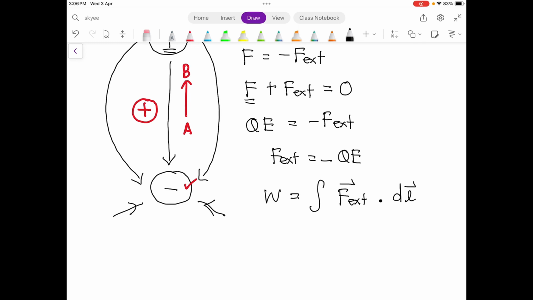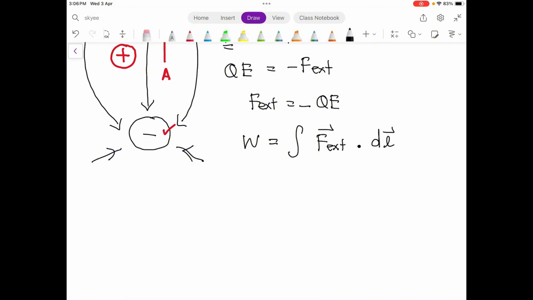If we replace F external with negative QE, you will have a negative, so the work done is the integral from A to B, as we move the charge from point A to point B. This is the work done by the external force in order to maintain the red charge at its position.